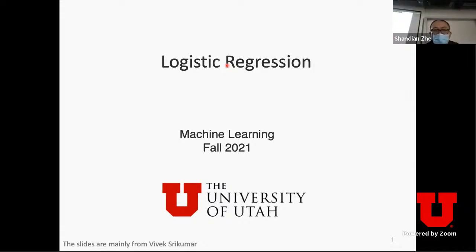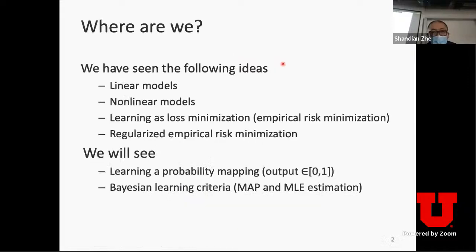But we're gonna still introduce how we estimate, how we learn that under both the MAP principle and the MLE principle, right? Maximum a posteriori estimation and maximum likelihood estimation. Right?